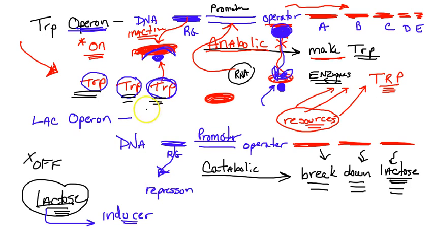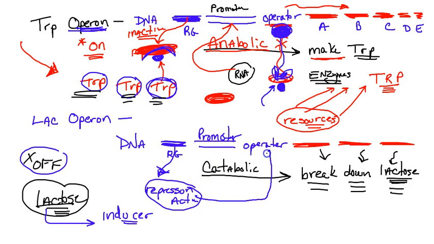And again, that's why both of these operons are on negative control, because they make regulatory genes that can repress and bind to the operator. The difference here is that this one's going to be in the off state. So the lac operon produces an active repressor that has the right shape that can bind with the operator and therefore stop RNA polymerase from going forward.